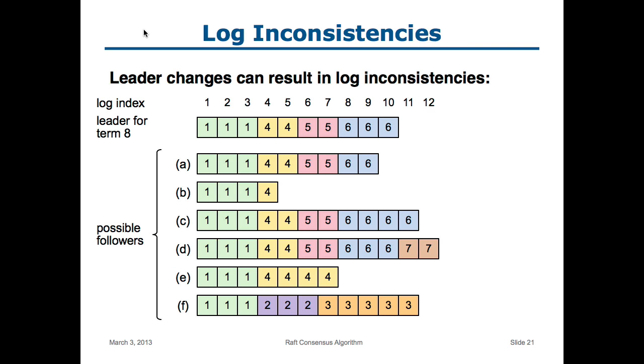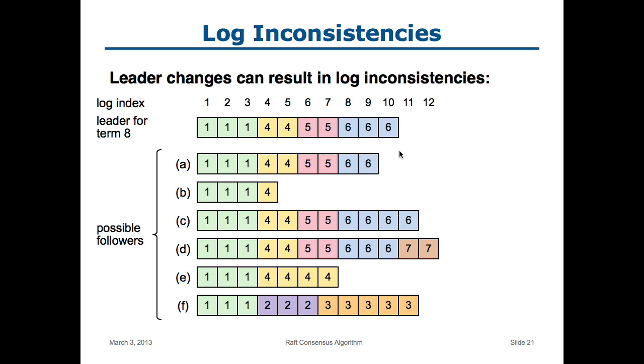Now that we've guaranteed safety and we know that the leader's log is correct, how do we make all of the followers' logs match the leader's log? Well, first, let me show you the different ways in which logs can be inconsistent. This slide illustrates what can happen.